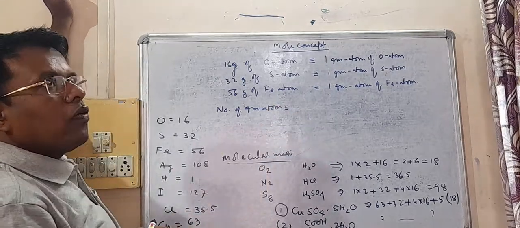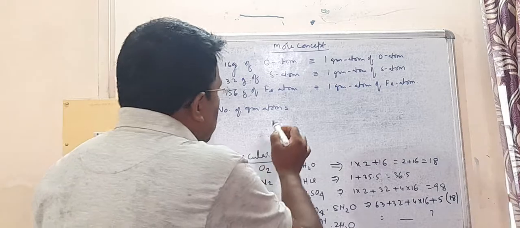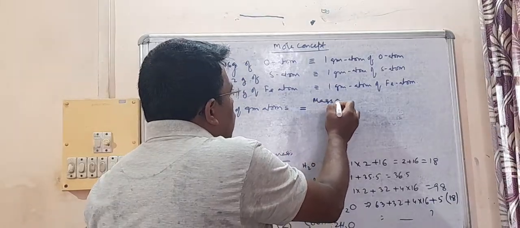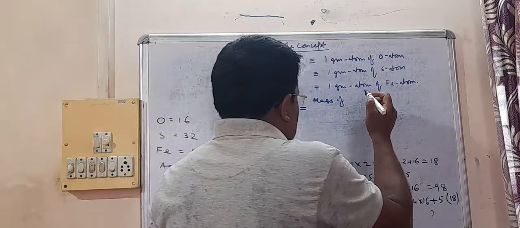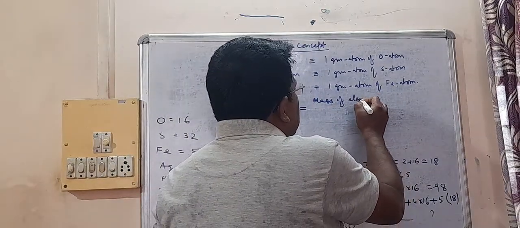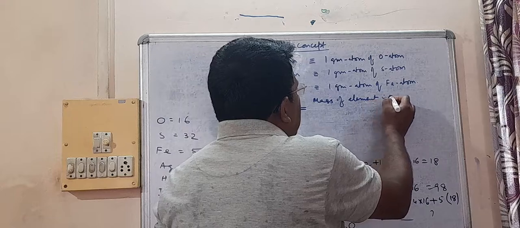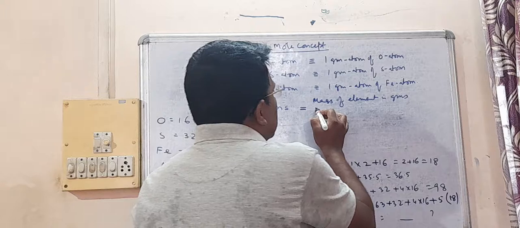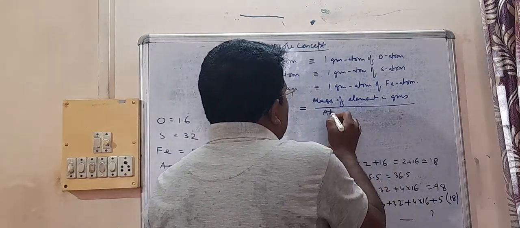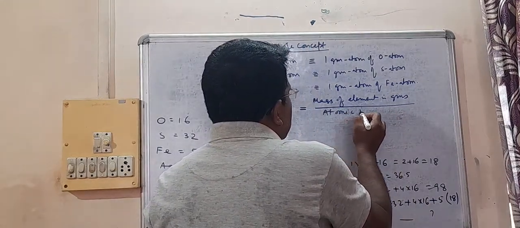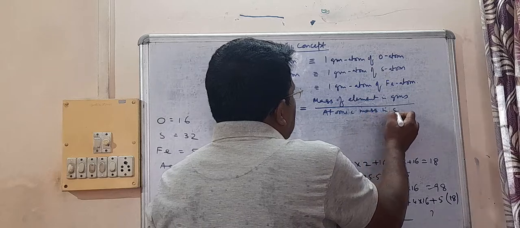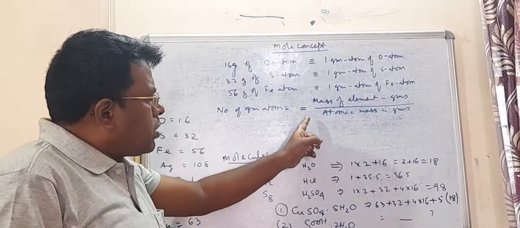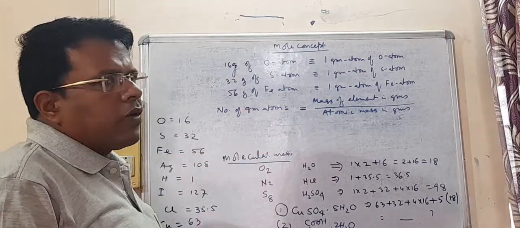To find the number of gram atoms, we will use this relation: mass of element in grams divided by atomic mass in grams. So you should remember this relation, by which you can find the number of gram atoms.